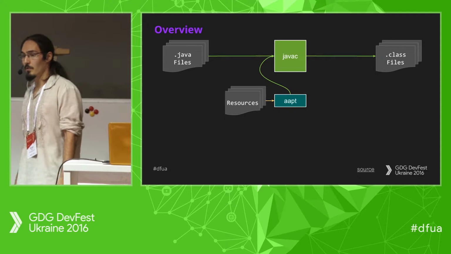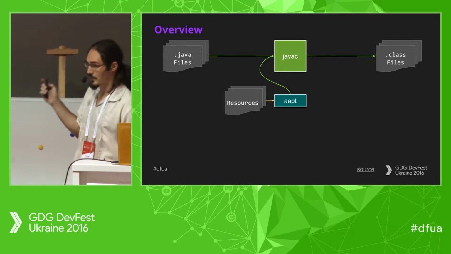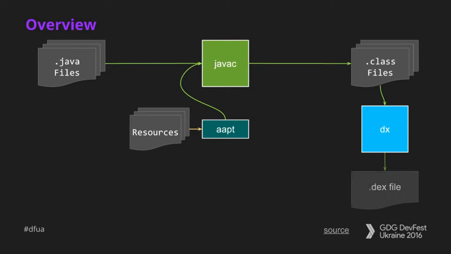But as you know, Android doesn't work with class files, but with DEX files. So the DX tool converts class files into a single DEX file. And in the nearest future, this step will be replaced with the Jack compiler, and from Java sources we will get a DEX file.